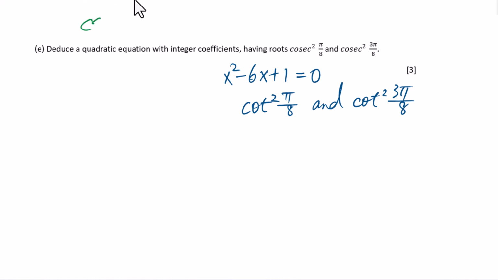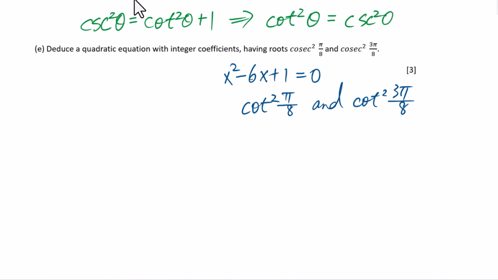We know cosecant squared theta equals cotangent squared theta plus 1. So we get cotangent squared theta equals cosecant squared theta minus 1. Therefore, cotangent squared pi over 8 equals cosecant squared pi over 8 minus 1.